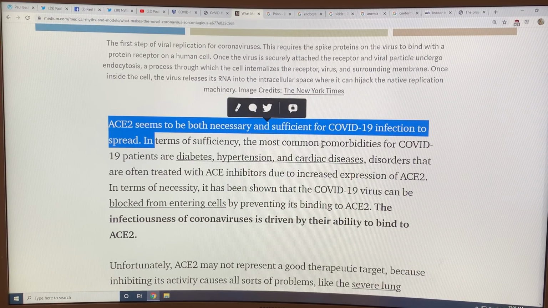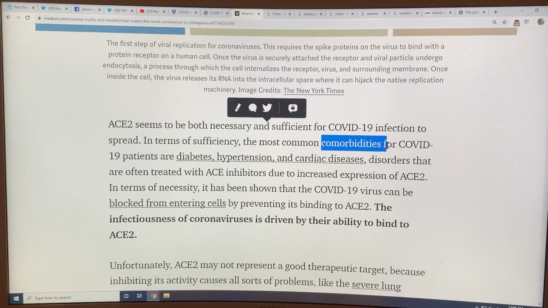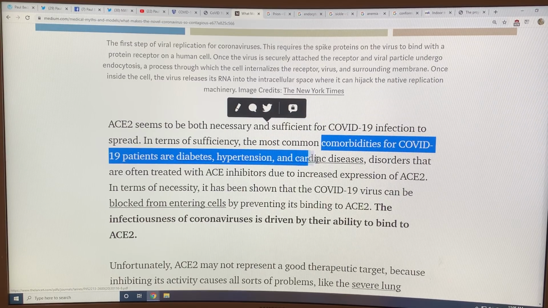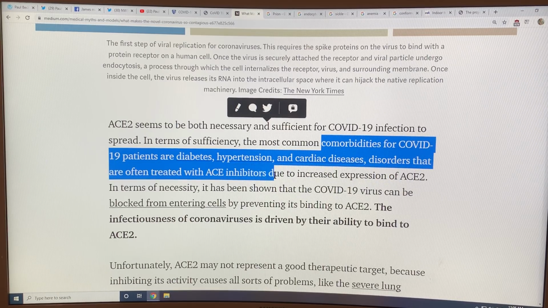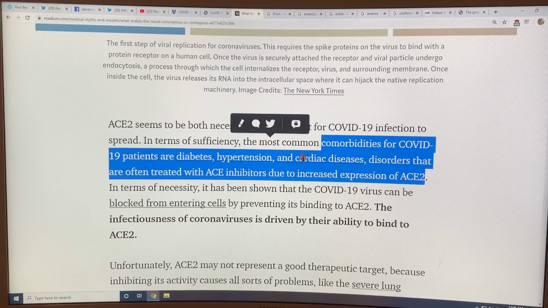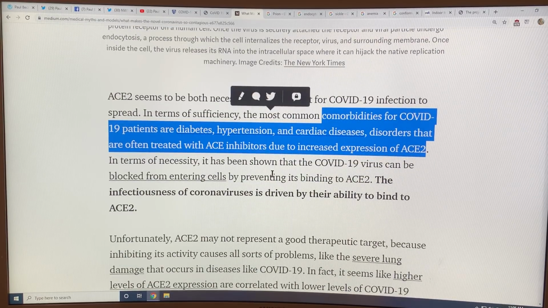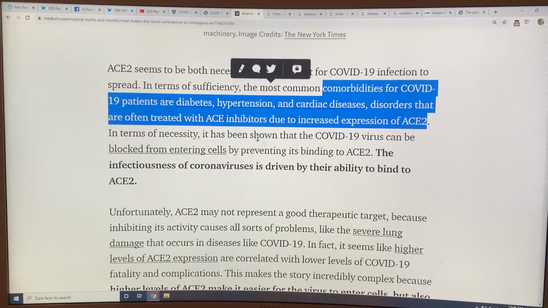The most common comorbidities are diabetes, hypertension, and cardiac diseases. These disorders are often treated with ACE inhibitors, and then you're at much greater risk of being seriously ill from the coronavirus. But the virus can be blocked from entering cells by preventing its binding to ACE2.